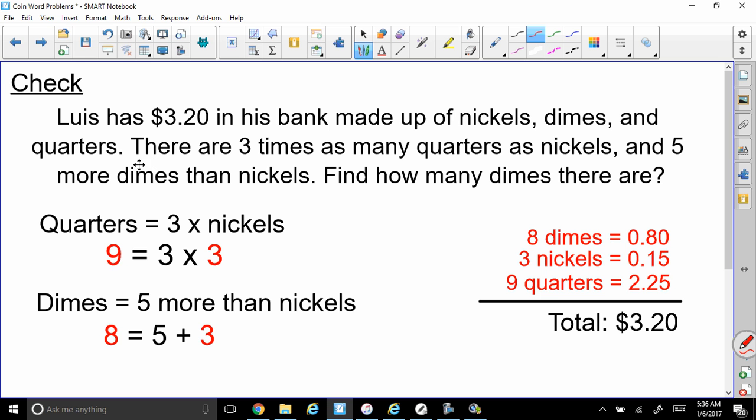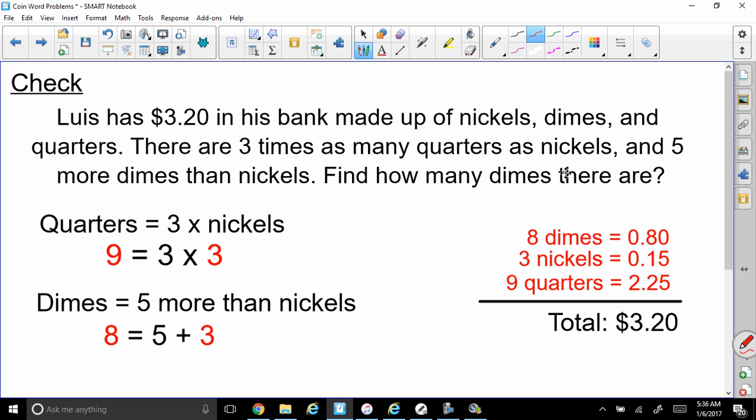So remember that it said that there are 3 times as many quarters as nickels. So the quarters equal 3 times the number of nickels. We said that there were 9 quarters, so 3 times 3, because there are 3 nickels, that would give us 9, and that checks out. So there are 3 times as many quarters as nickels. So there are 9 quarters and only 3 nickels.